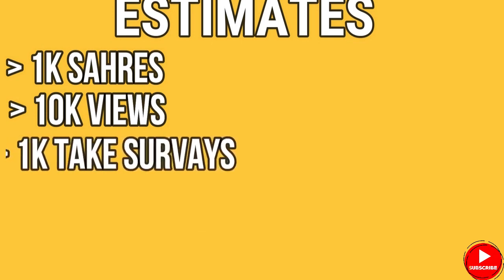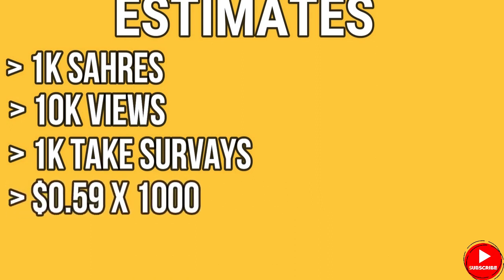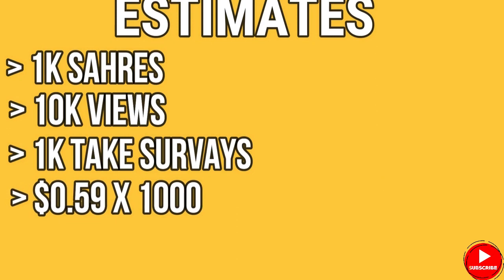An average CPA offer gives you about 59 cents, and 1,000 people take this survey. It means 1,000 multiplied by 59 cents is equal to $590. You can easily make that every single day with this method, but you need a lot of credits for these kinds of shares and views.